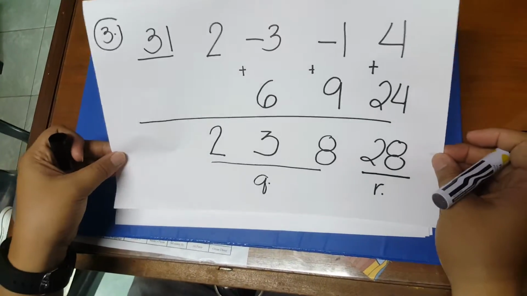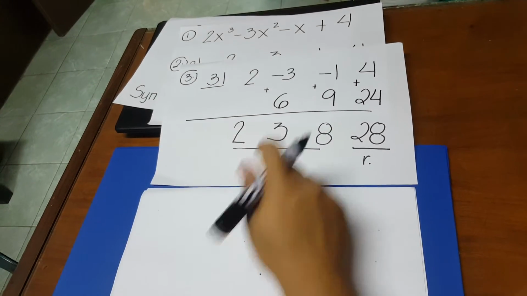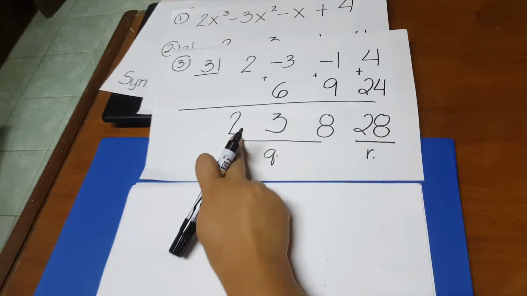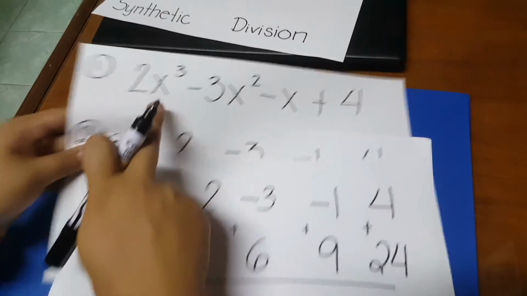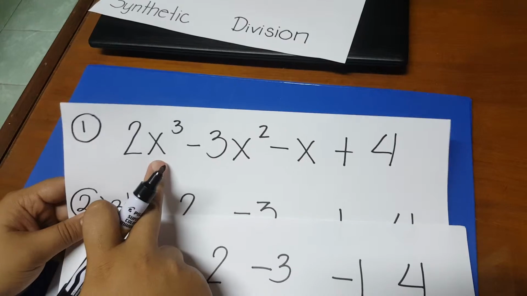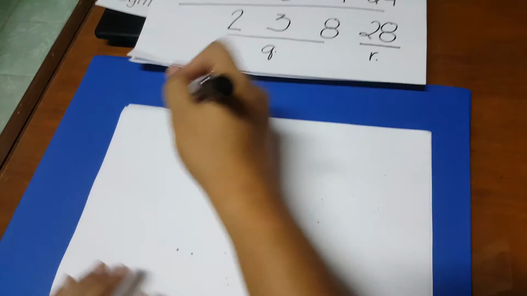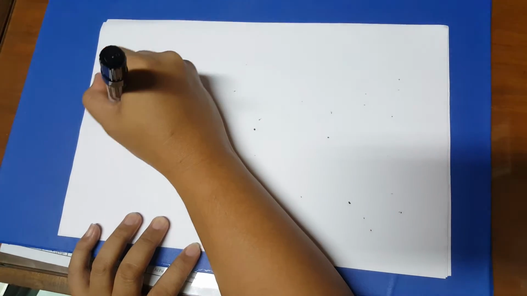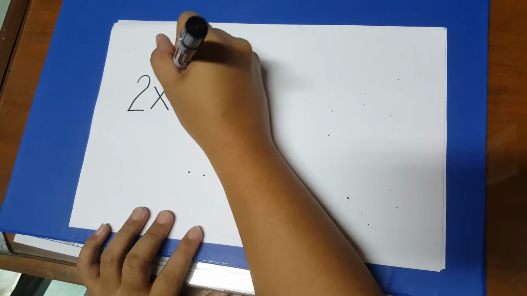So to rewrite this, the degree of the first term, which is 2, is 1 less than the degree of the given polynomial. Since the given polynomial is 2x cubed, and we are dividing it by x, therefore the quotient would have a degree of 2.